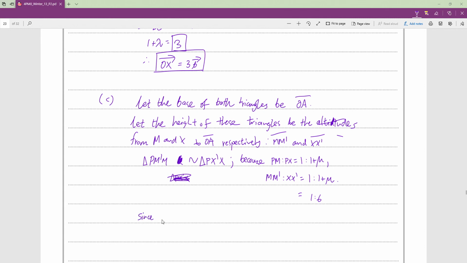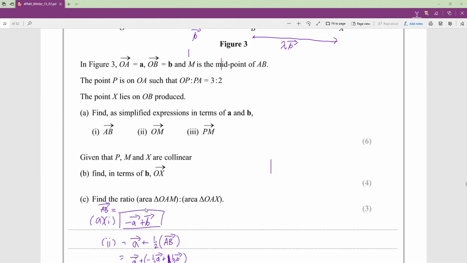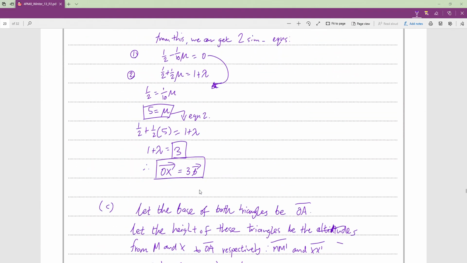Since the bases are equal, and the heights are in the ratio 1 to 6, it follows that the area OAX is 6 times the area OAM.